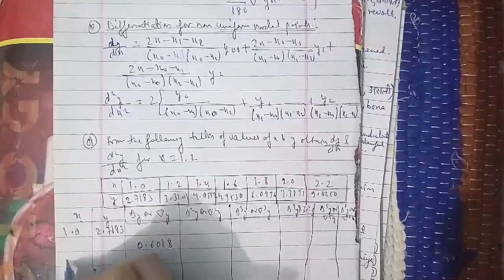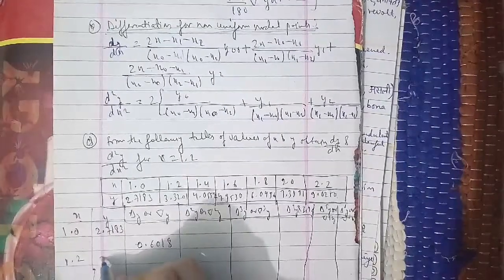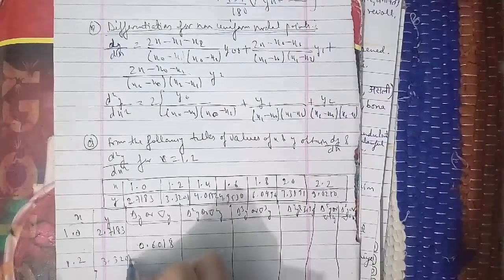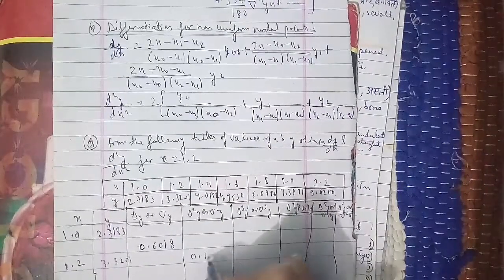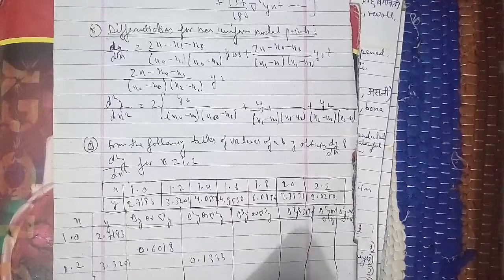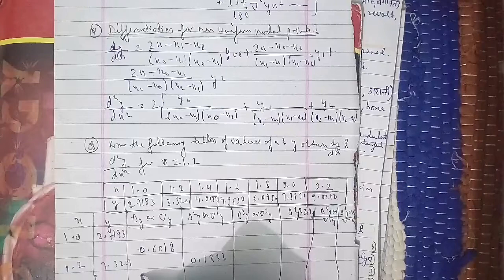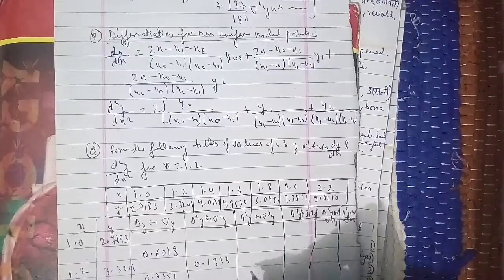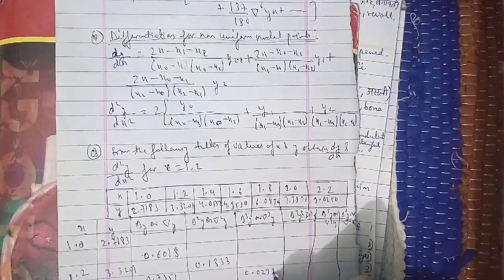The next is for 1.2, for which y is 3.3201, and the operator values are 0.1333 and 0.7351, then 0.0294.